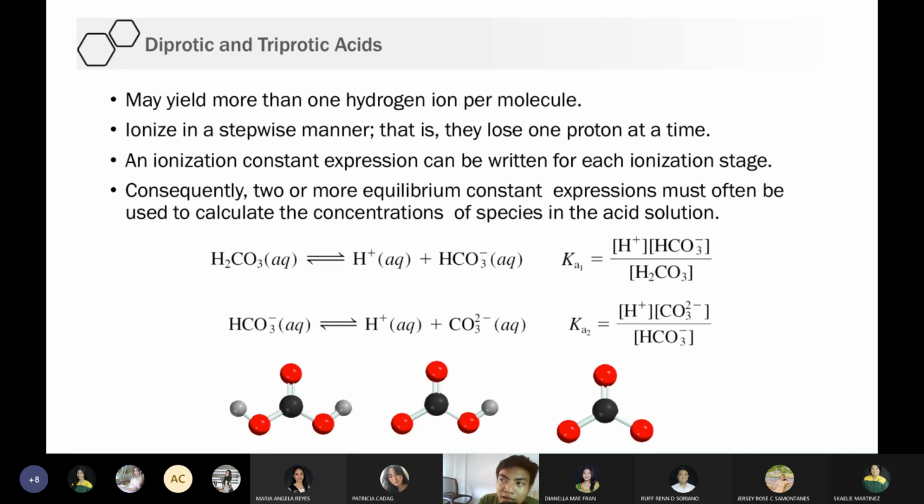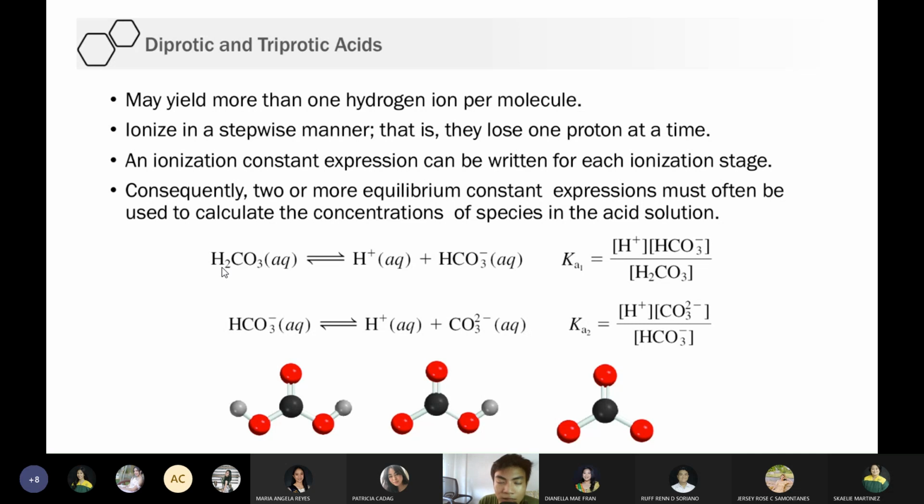However, the ionization of your protons is a stepwise process, meaning the H plus is removed step by step. Suppose we have carbonic acid, which has two acidic H. We remove the H one at a time. First, we remove an H, then you will be left with the bicarbonate ion. Then from the bicarbonate, you remove another H, leaving you the carbonate ion.